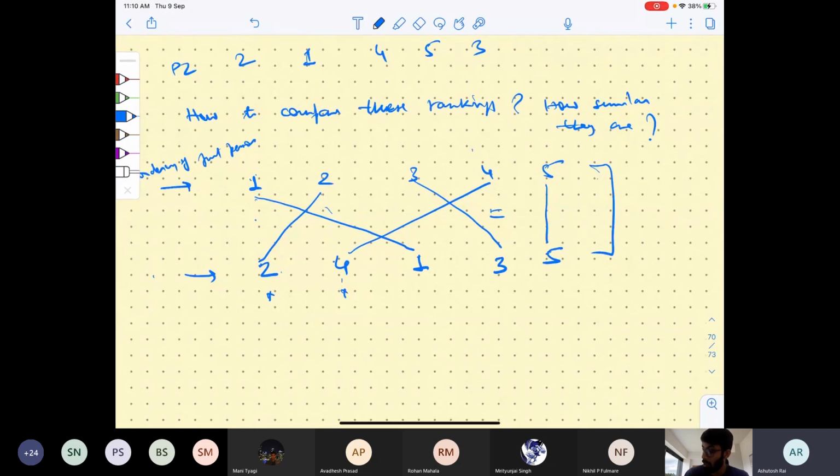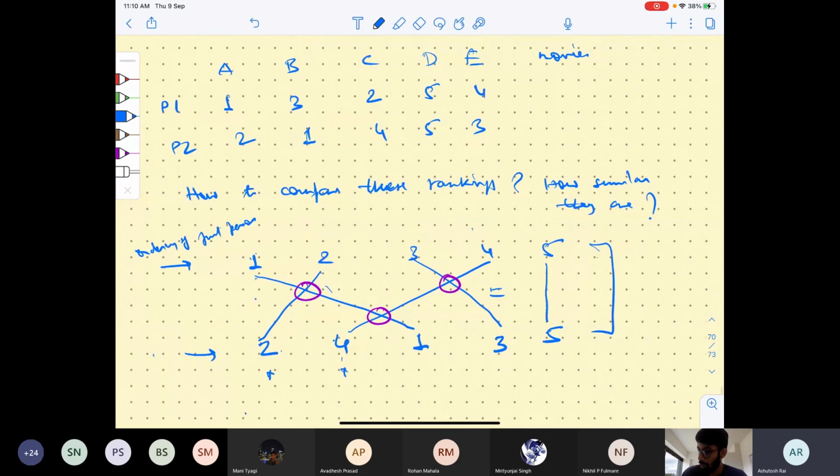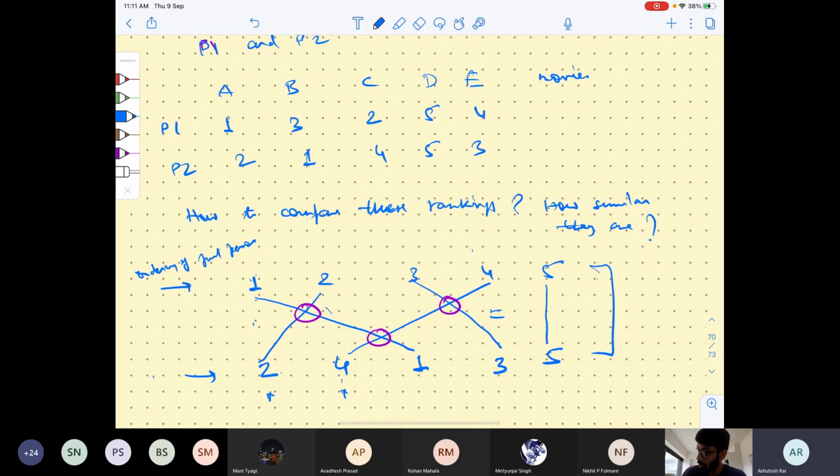The relative ordering of whatever movie is there, basically. So here now the conflict can be found exactly by looking at the number of crossings. So what are the conflicting points? Let's say we want to find these pairs. Okay, let me write the movies also.